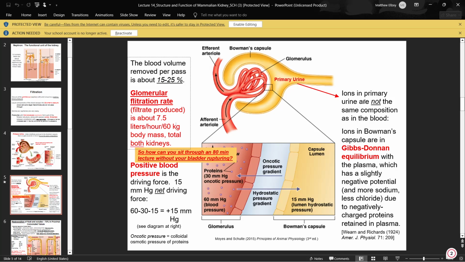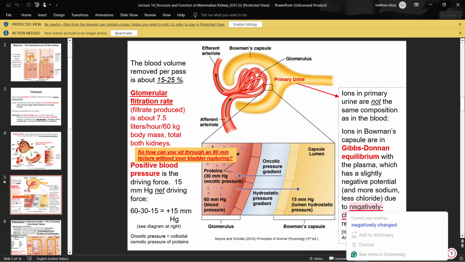Also important to note that the ions in the primary urine are not the same composition as in the blood. So the ions in the Bowman's capsule are in Gibbs-Donan equilibrium with the plasma, which has a slightly negative potential due to the negatively charged proteins retained in the plasma. So what does that mean? The plasma is more negatively charged because of proteins retained in the plasma. Proteins are negatively charged, and they're going to stay.